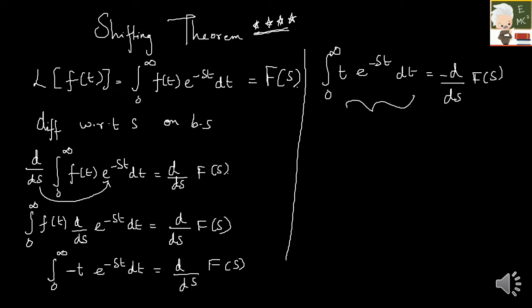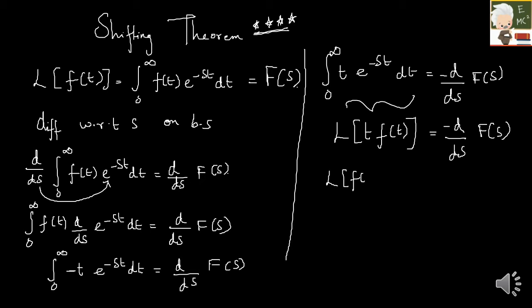This is nothing but the Laplace transform of t into f of t, which equals minus d by ds of F of s. The Laplace transform of f of t is represented as F of s. So the Laplace transform of t into f of t is minus d by ds of F of s.